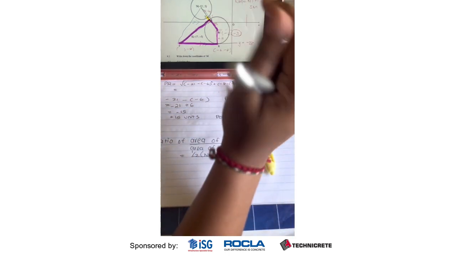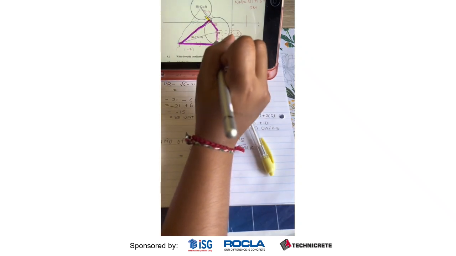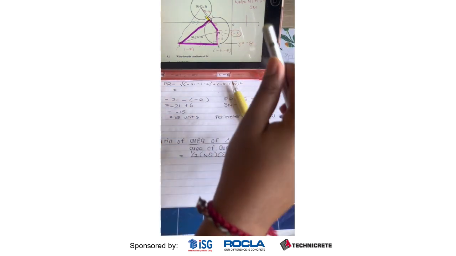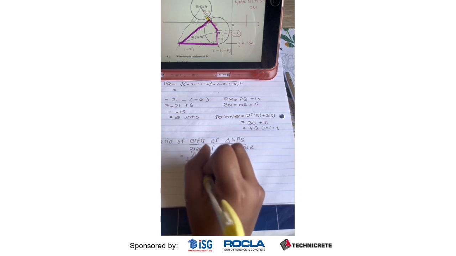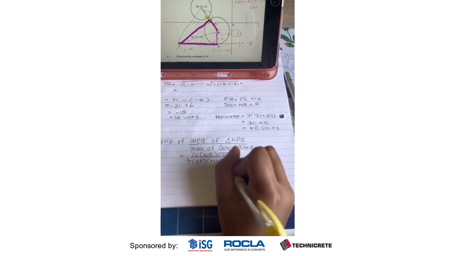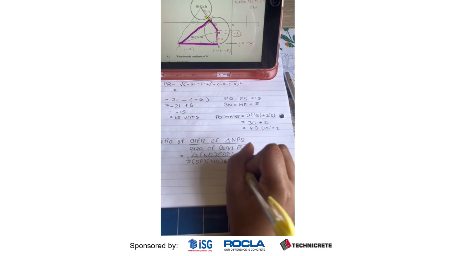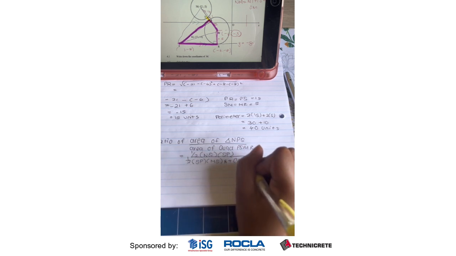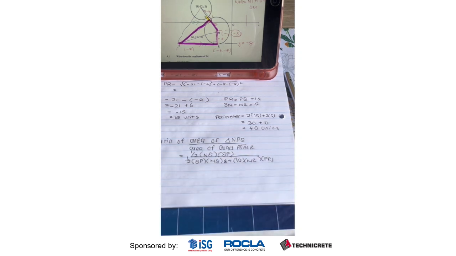I'm going to divide it into SPM and M, because here we've got a 90 degree and here we've also got a 90 degree.